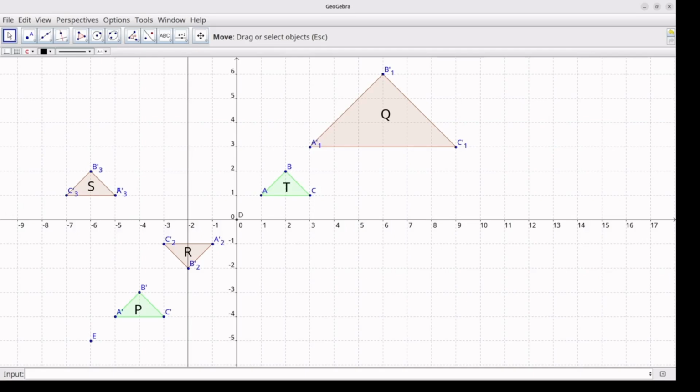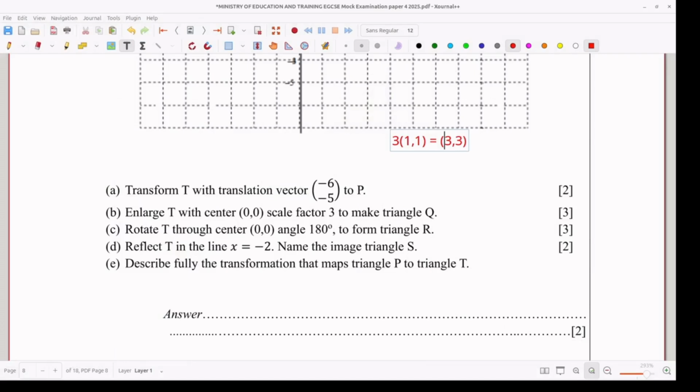So it's a translation by vector. Let's write this as a vector, not as a coordinate. Positive 6, that's 6 to the right, and 5 up is positive 5, written as a vector. Next question.